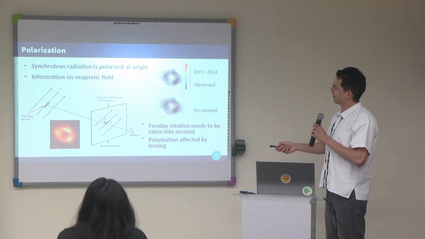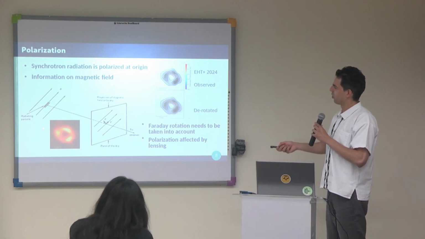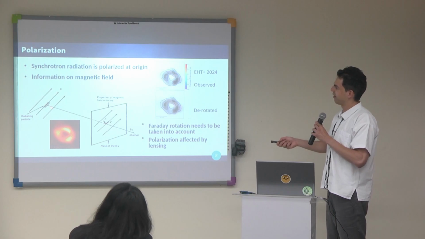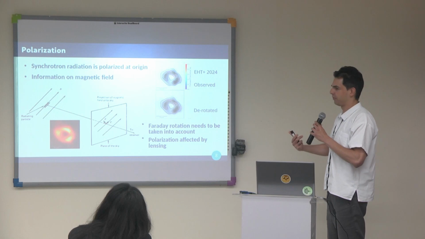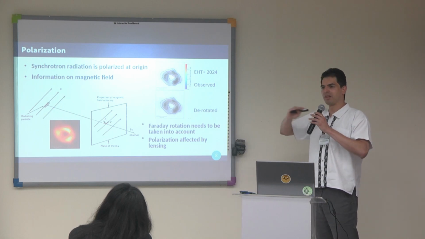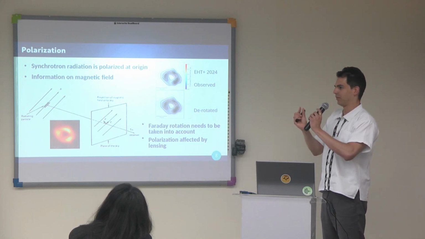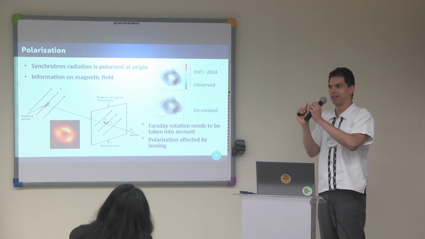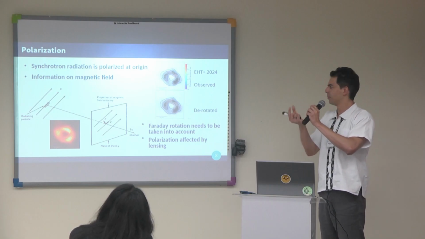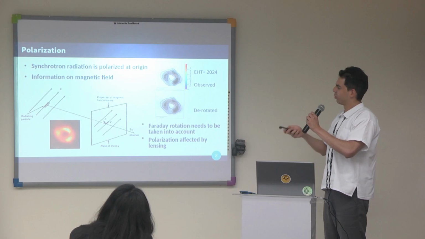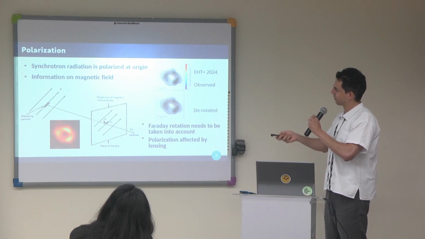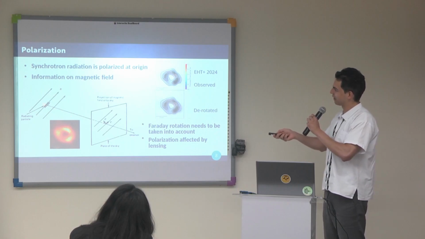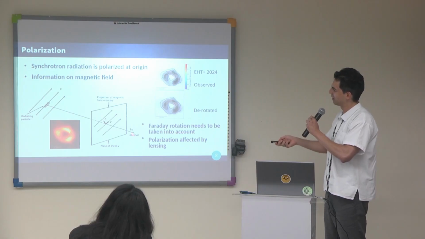So, previously we saw that synchrotron radiation comes from charges that are accelerating with centripetal acceleration around magnetic field lines. Because this motion is confined, the acceleration always happens in a direction normal to the magnetic field lines. This will also give a preferential polarization for the radiation that the electrons emit.